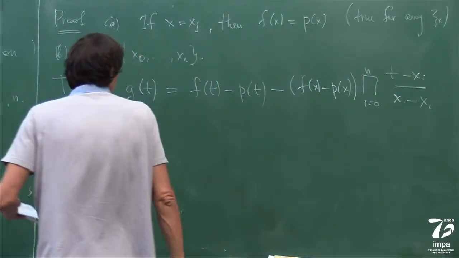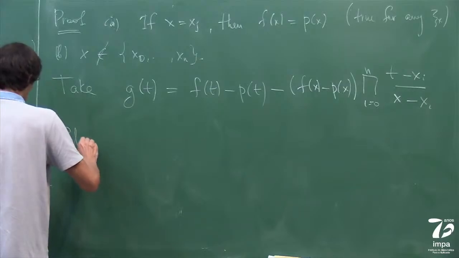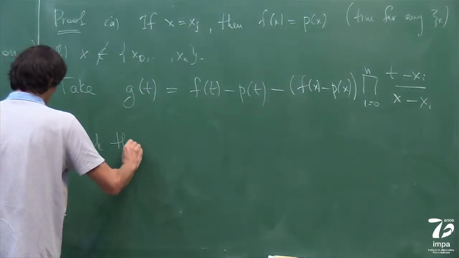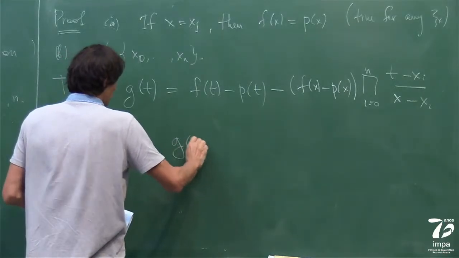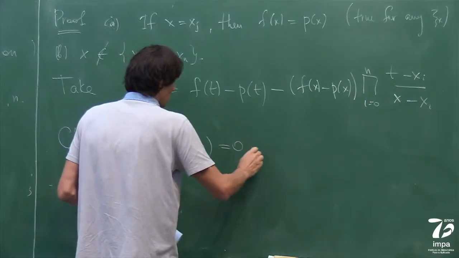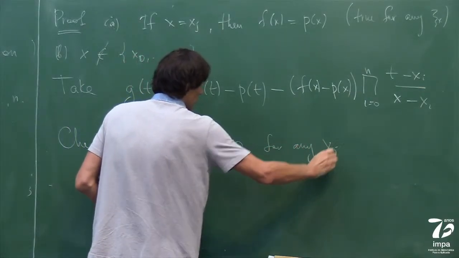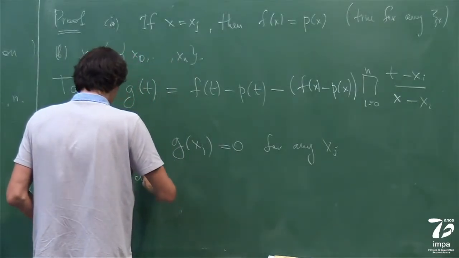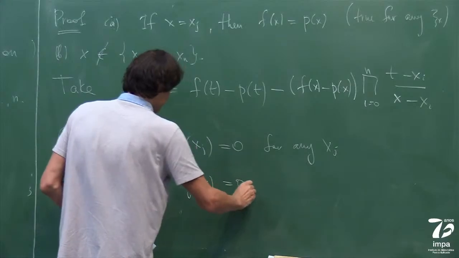Check that g at each point xj is 0. And also g is 0 at x.